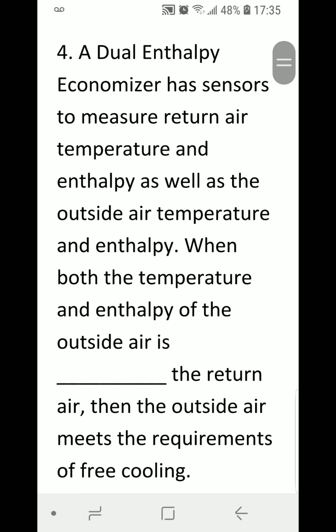Number 4. A dual enthalpy economizer has sensors to measure return air temperature and enthalpy, as well as the outside air temperature and enthalpy. When both the temperature and the enthalpy of the outside air is blank the return air, then the outside air meets the requirements of free cooling.